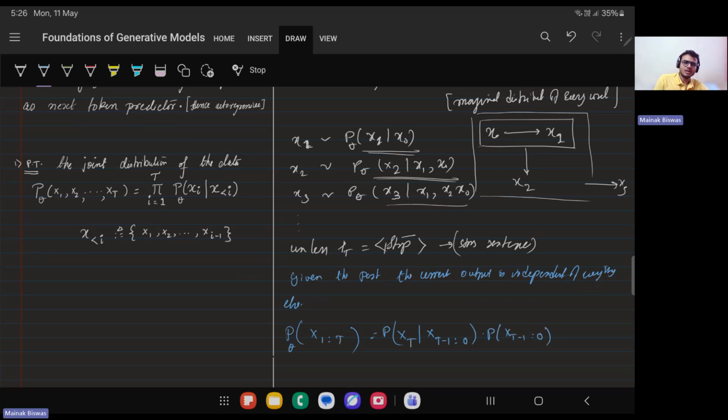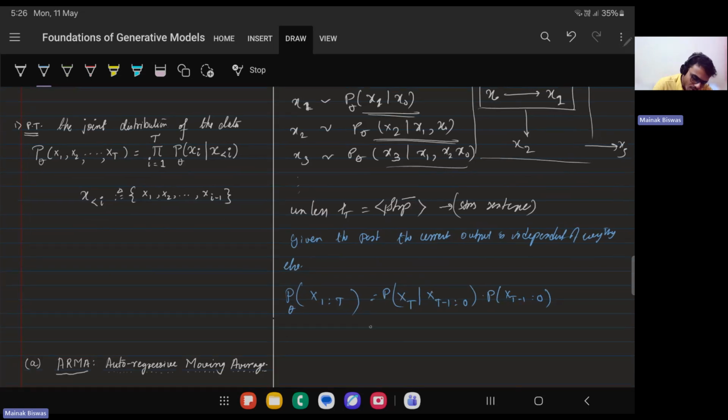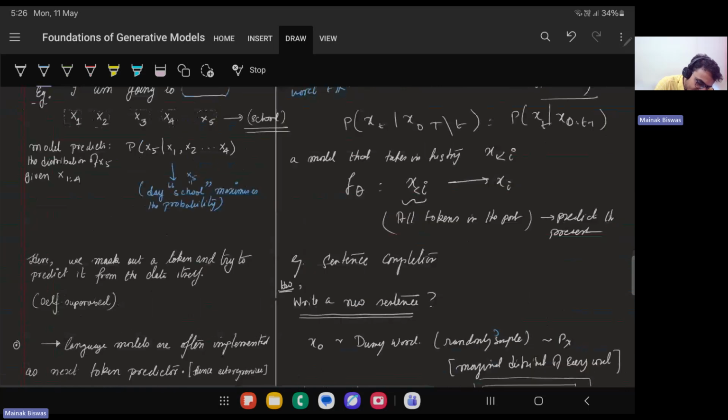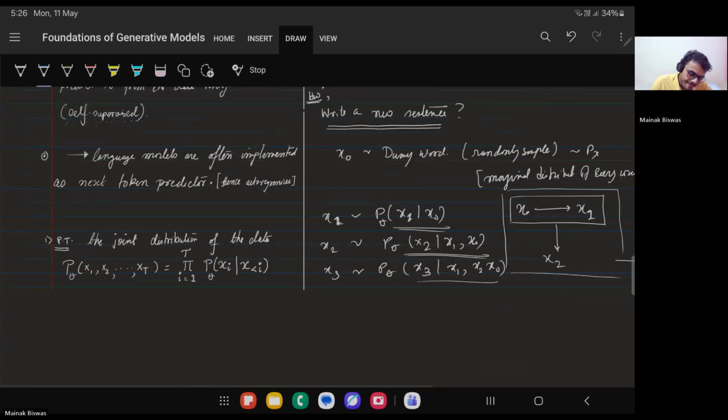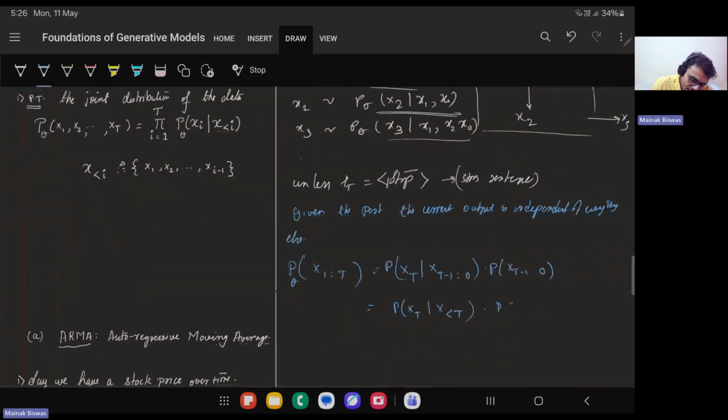This is the joint probability, or just the law of conditional probability. As soon as I do this, I can write p of x less than t. Whenever I write less than t, this includes x0, x1, wherever you're starting from, x2, up to t minus 1. Similarly, I can write the same for t minus 1, down to x1 given x0.